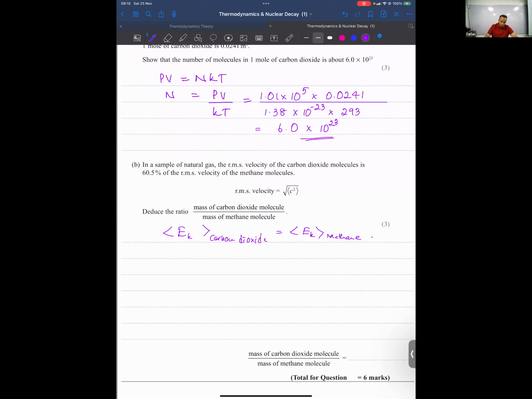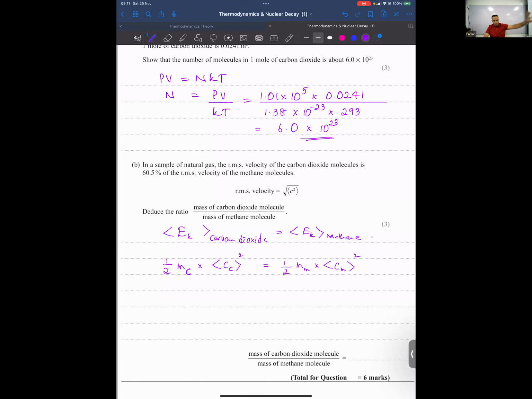So the mean kinetic energy of carbon dioxide, I can write as half into m into c squared, where I take the mass of carbon dioxide as m_c and the mean square speed as c_c squared. That is equal to half, the mean kinetic energy of methane, which will be m_methane into c_methane squared.